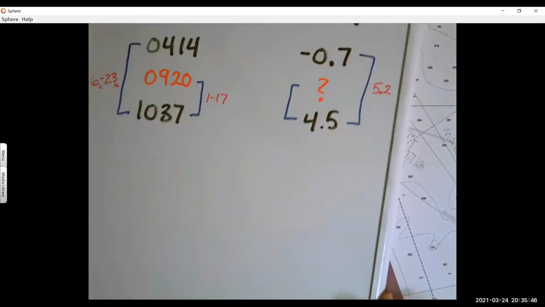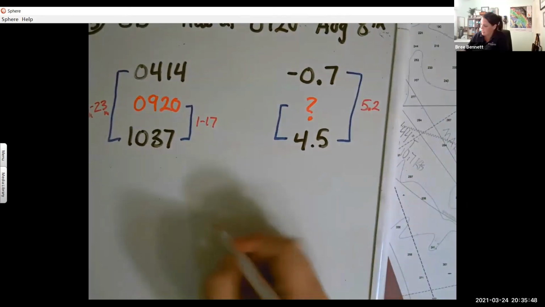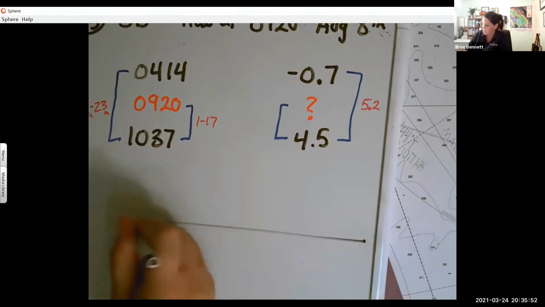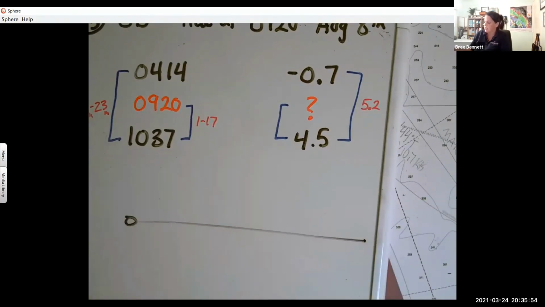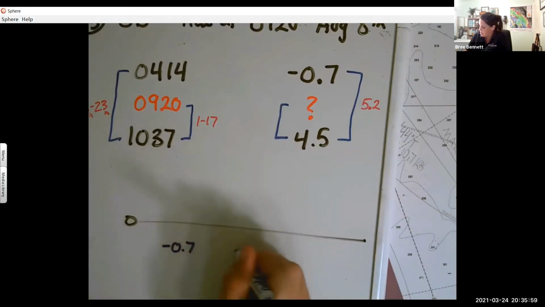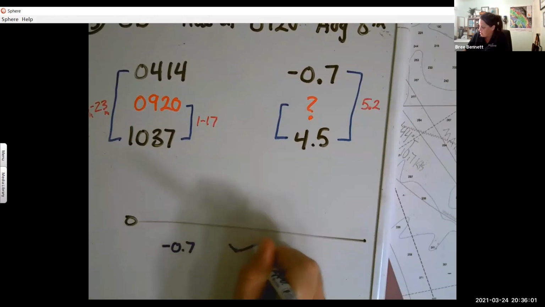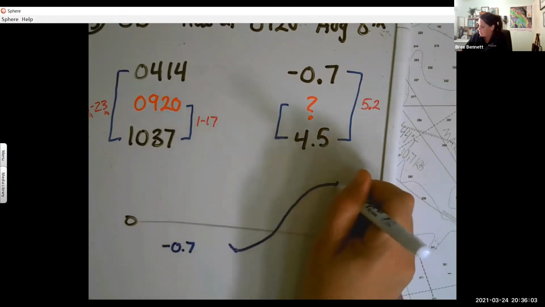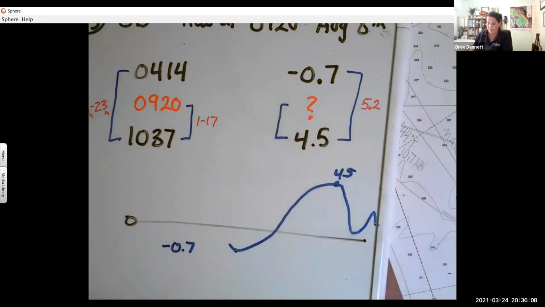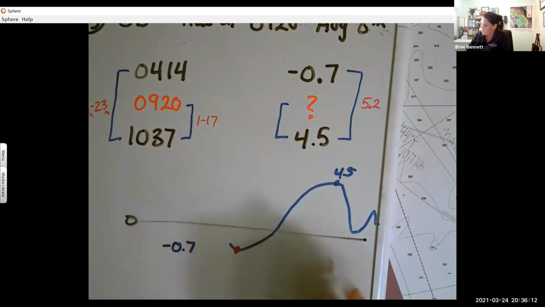Bree, I actually didn't. Can you do that just really quickly one more time? Yes. So the tide is going, here's 0. It's going from a negative 0.7 up to a 4.5 and then back down again. So we want to know what is the total significant change here.